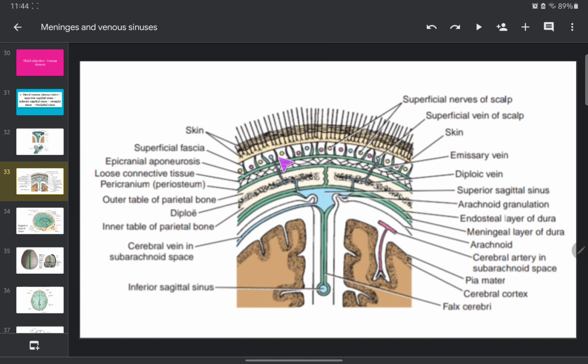Now you can see this here is a superficial vein of the skull, and it communicates via this emissary vein. Emissary means a messenger, so it transfers the blood from outside of the scalp into the inside of the cranial cavity via the emissary vein, and then diploic veins, which are the veins that run in pairs within the skull bone. Then the blood drives inside via the emissary veins into these venous structures.